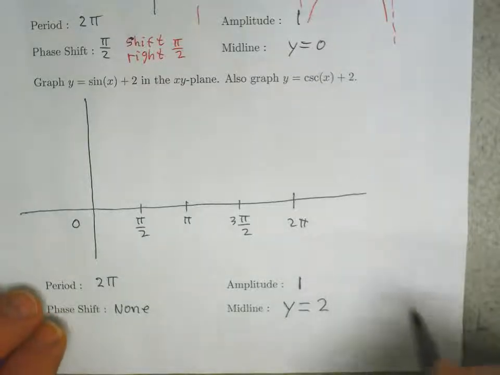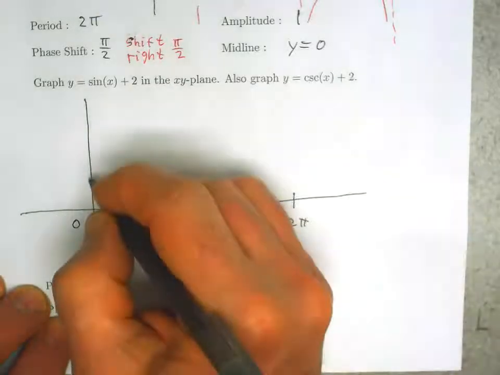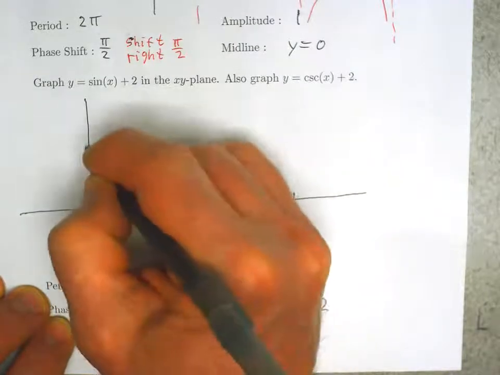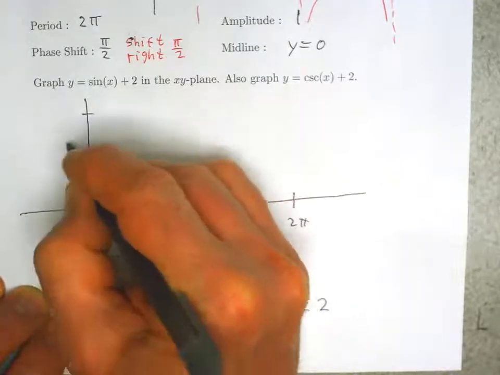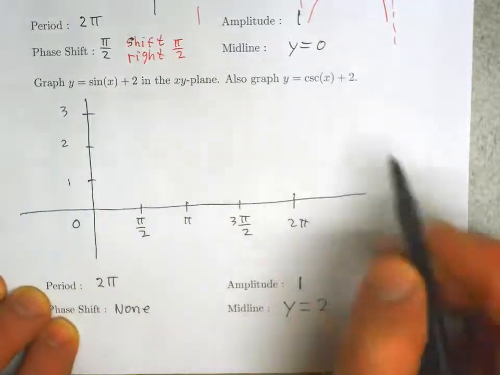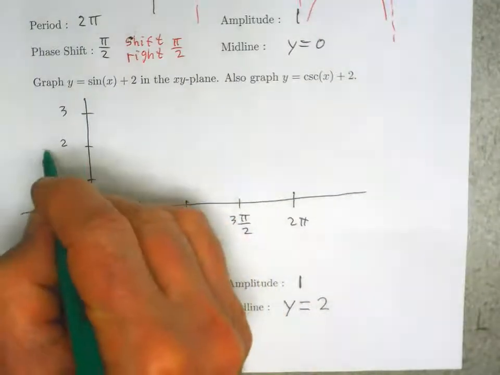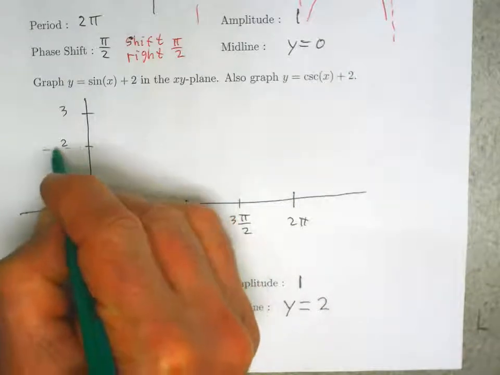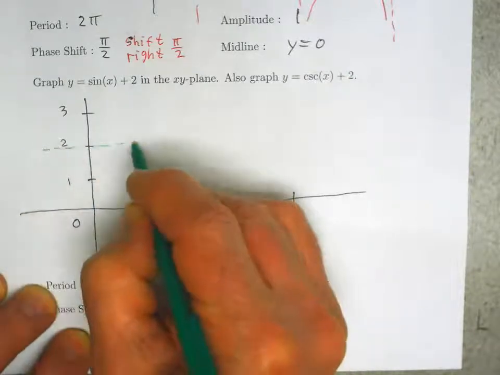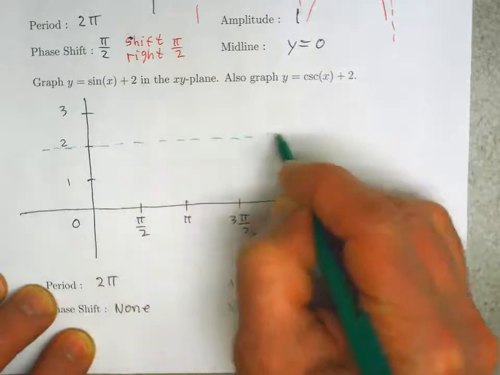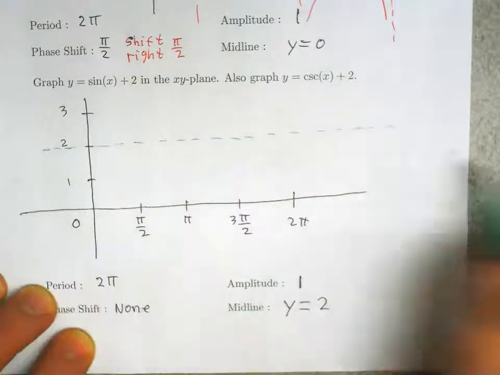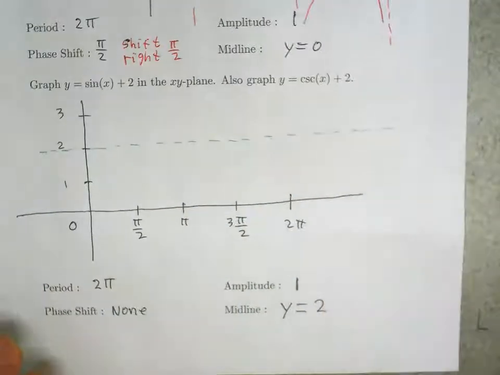The midline is y equals 2. You probably won't see this done very often, but I'm going to put a dashed line for the midline. It's not required, but it might help guide us a little bit.